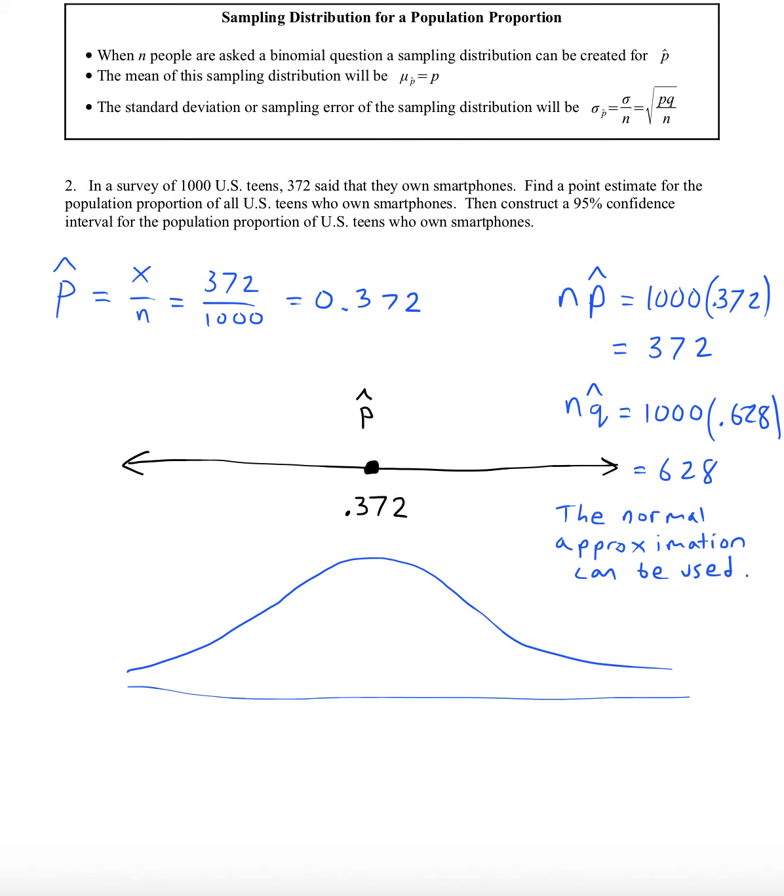That's the point estimate, the best estimate of P. It's going to be a 95% confidence interval. So let's go ahead and draw those boundaries. And then let's draw the corresponding parentheses. This is our interval.